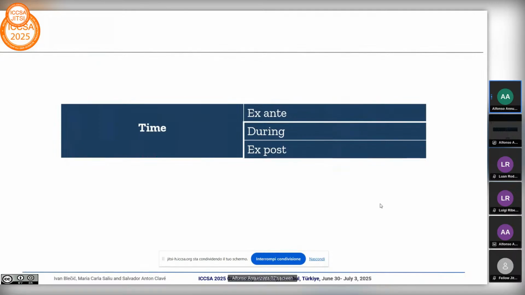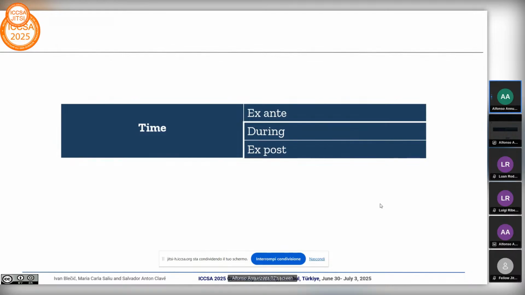So we identified three different phases. The first one, which is the ex ante, regarding everything that happened mainly at the territorial level before having any formalized step within the World Heritage System. Then we have a during phase, which is the phase during which the nomination and the preparation of the candidacy happened.